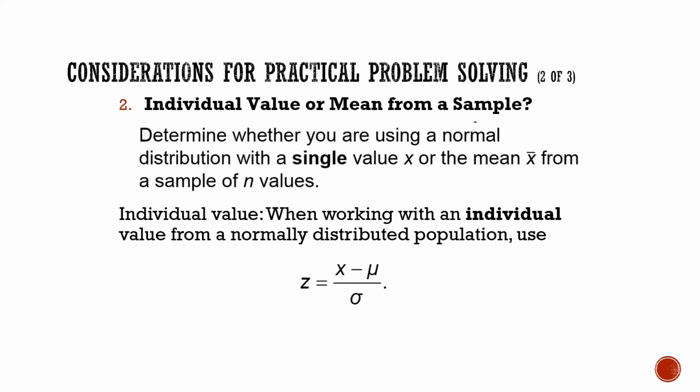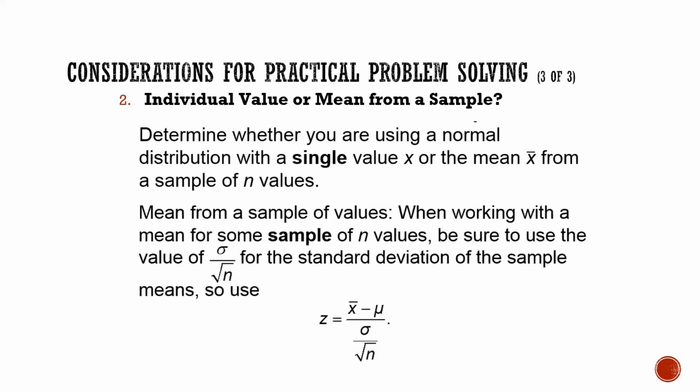It doesn't need to be changed. But if you are not talking about a single value, but instead you're looking at the mean of a sample of values, that's number 2. We're going to be focusing on number 2 today, because we already focused on number 1.